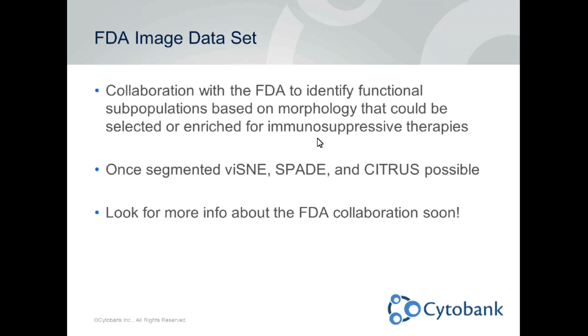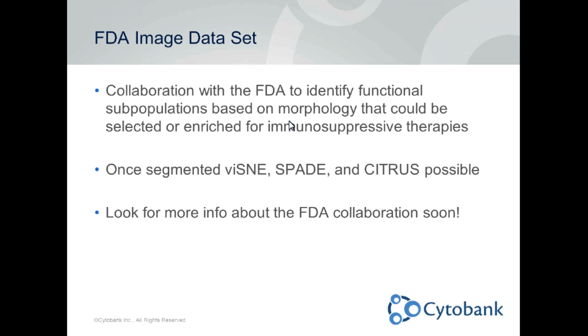And the last data set I'll be talking about is we have a collaboration with the FDA to identify functional subpopulations based on morphology that could be selected or enriched for these immunosuppressive therapies that everybody's dabbling in. It's definitely the hot topic these days. So to do this, and I mentioned this before, once you have segmented data, Cytobank is a secondary or tertiary analysis platform when it comes to image data.